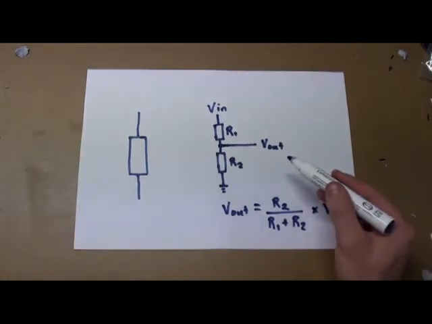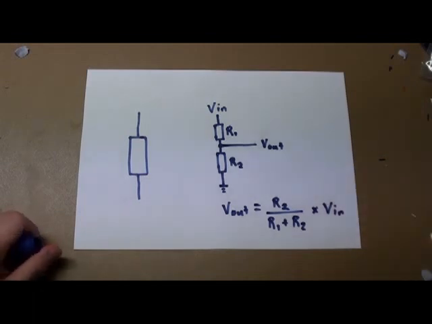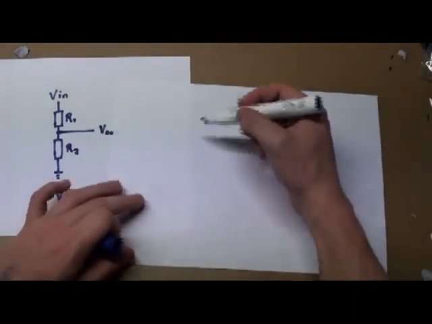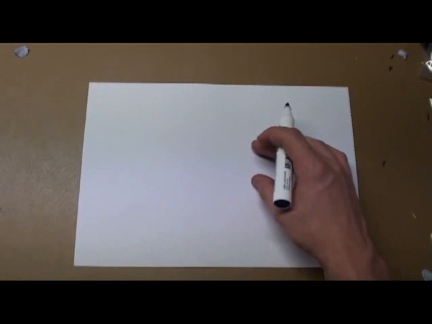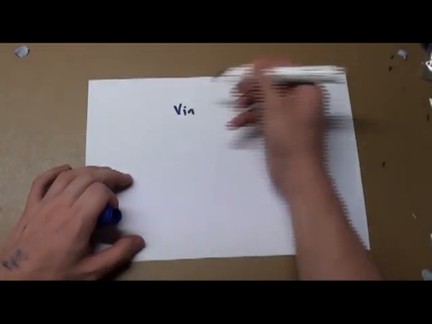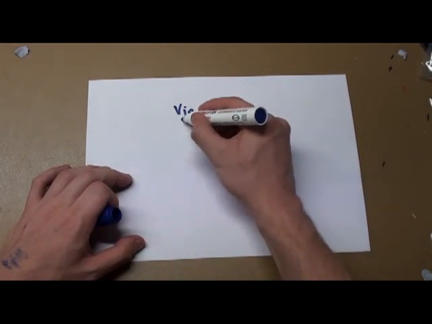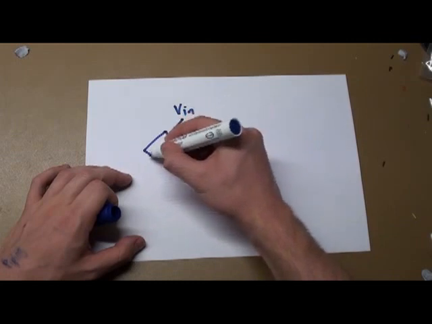So that's fairly straightforward, but you might be thinking, well, how does that help me? We're getting there. Now imagine that we have two resistor dividers. We have our V in, and we're going to draw it in a diamond because it's a bit easier to work with.